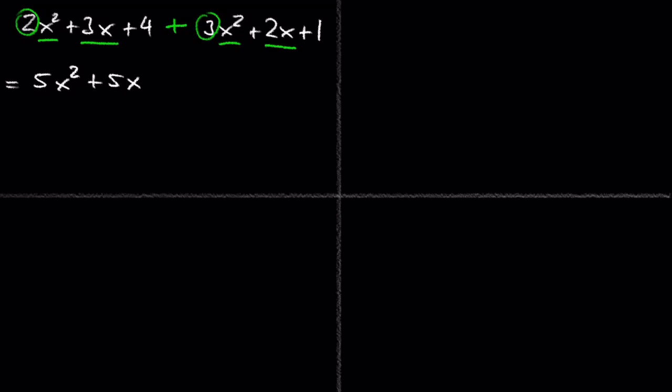The last thing we have to do is to combine the terms with the numbers, which are 4 and 1. So 4 plus 1 is 5. And we are done with adding the polynomials 2x squared plus 3x plus 4 and 3x squared plus 2x plus 1.